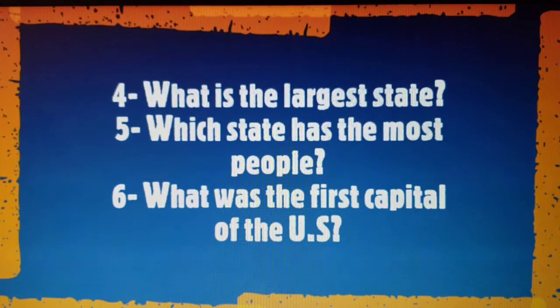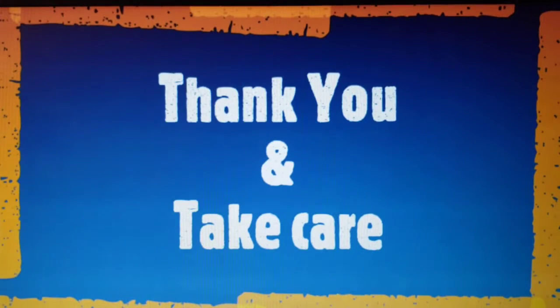What is the largest state? It is Alaska. Which state has the most people? It is California. What was the first capital of the US? The first capital. Now it's Washington, but before it was New York City. With that, we finish this week's lesson.